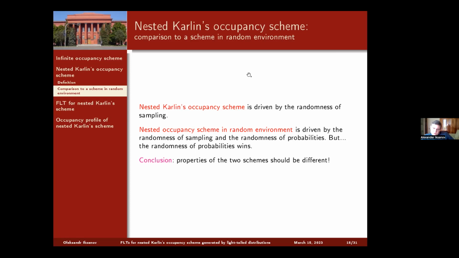In sharp contrast, Karlin's occupancy scheme is only driven by randomness of sampling, as there is no other randomness here. So summarizing, the Karlin scheme and the occupancy scheme in random environment should exhibit very different properties, and in most cases, this is indeed true.